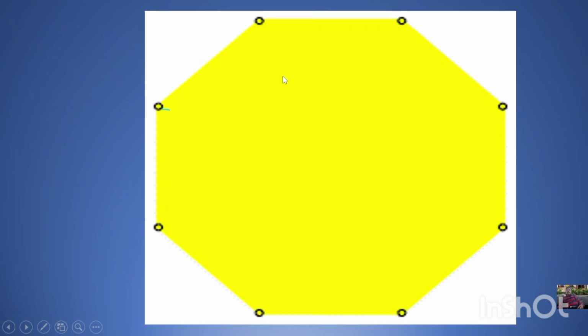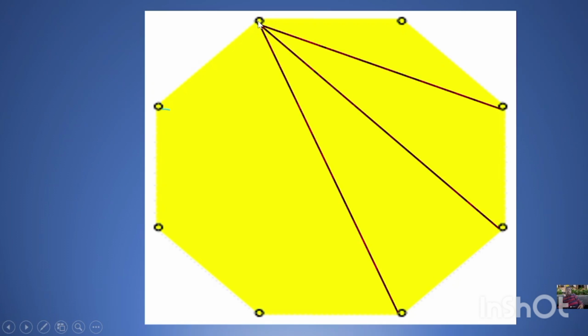Okay, and at every vertex we can draw how many diagonals? 8 minus 3, 5. Let us see here. Suppose this is the vertex. Here 1, 2, 3, 4, 5. 5 diagonals.